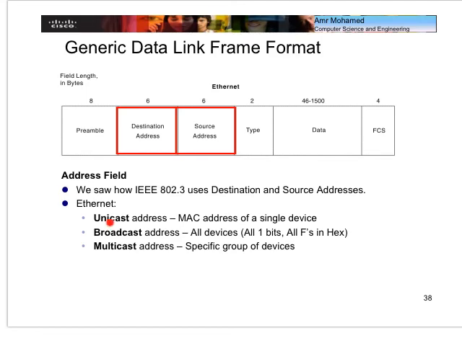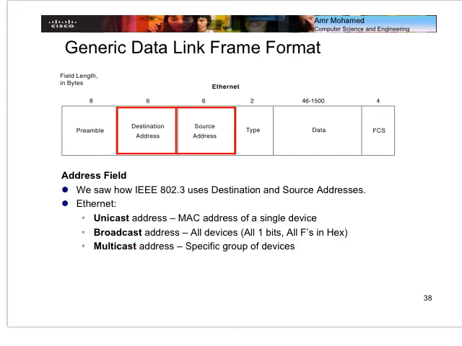There is a unicast address, of course, which we talked about before, which is divided into 2 parts. Does anyone remember the 2 parts? Yeah, the organizational unique identifier and the identifier for the device that's manufactured by a specific vendor. So that's the unicast address. The broadcast address is all Fs, so that's easy.